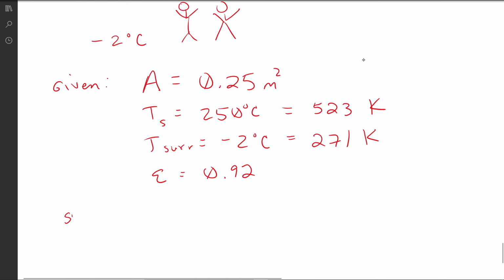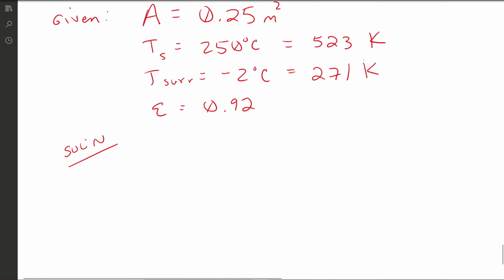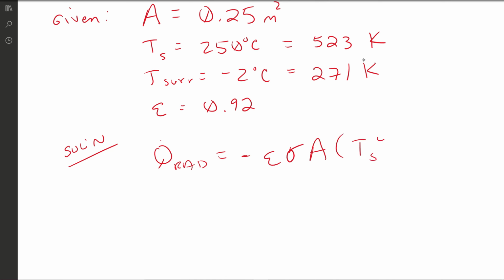All right, so let's take a look at the solution. We're trying to figure out the net rate of radiation heat transfer between the surface and surroundings. So that's going to be using our formula, as you recall.